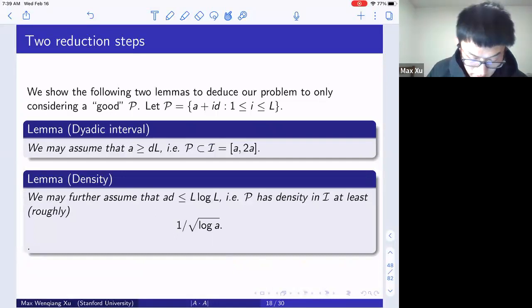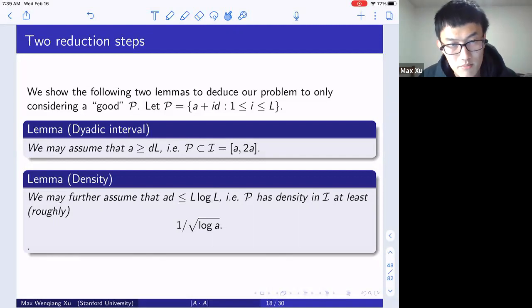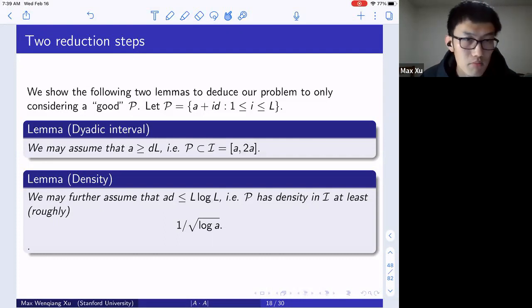The second lemma I just call density. It deals with the sparsity I mentioned before. So we roughly assume that AD is at most L log L. If AD is bigger than L log L, we will use some fairly elementary combinatorial way of counting the number of solutions to N1, N2 equal to N3, N4.